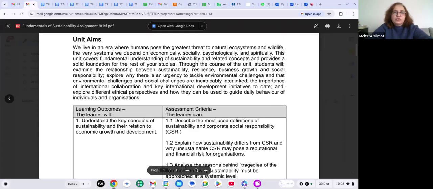growth, and social responsibility. Students are expected to explore why there is an urgency to tackle environmental challenges, and that environmental challenges and social challenges are inextricably interlinked; the importance of international collaboration and key international development initiatives to date; and different ethical perspectives and how they can be used to guide the daily behavior and understanding of individuals and organizations.